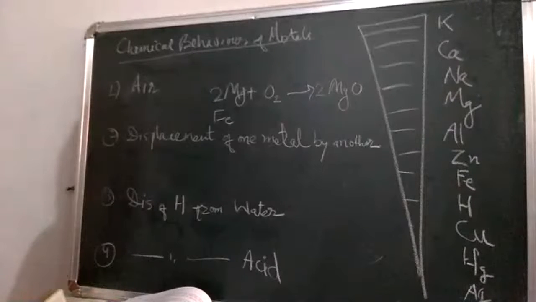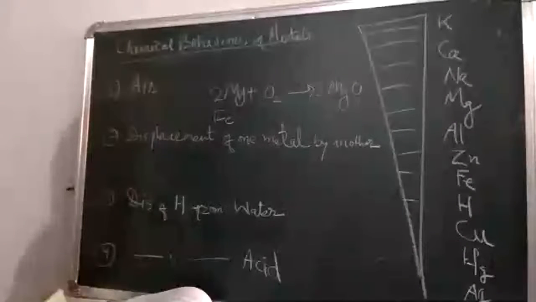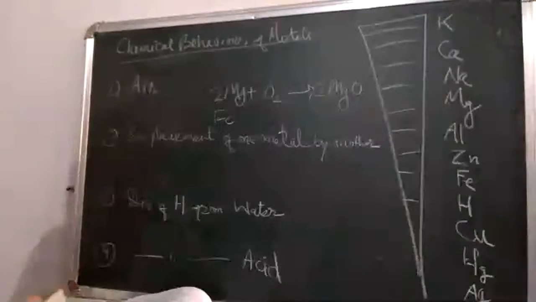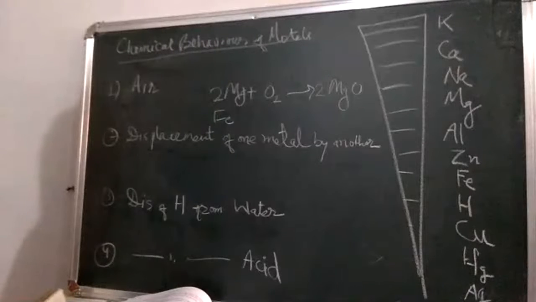Okay, we call it rusting. If you keep the iron metal in open air which has some moisture, then you see rusting happens on the surface of iron. हिंदी में जैसे बोलते हैं जंग लग गया, right?